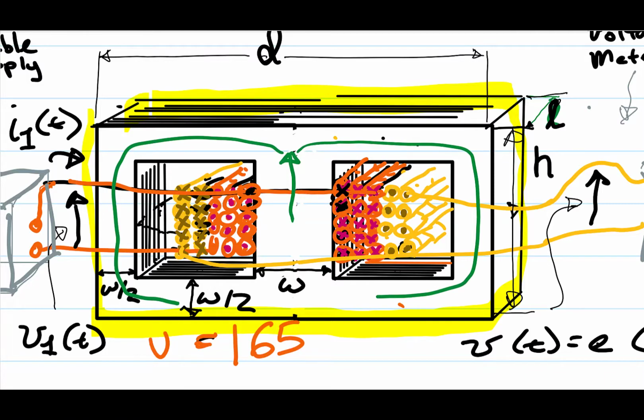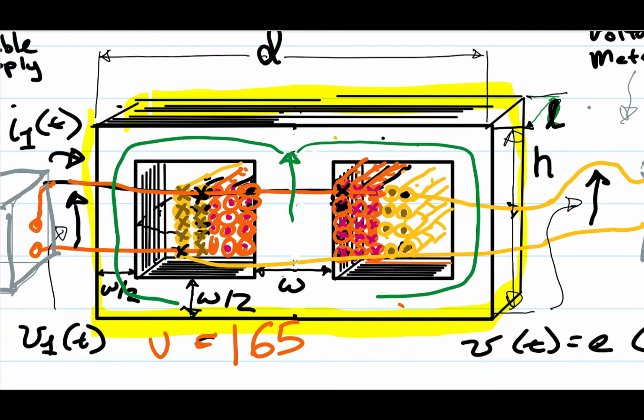If you actually had current flowing in the secondary winding, then what I'm showing here is that current going in on the left-hand side and coming out on the right-hand side. So this is the start of the winding here, and this is the end of the winding right there.